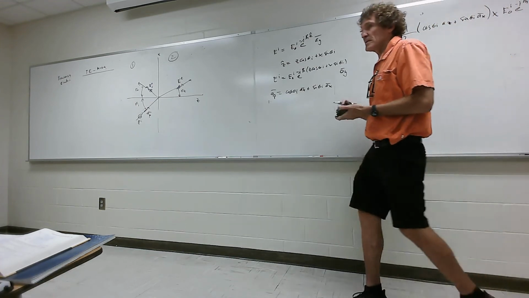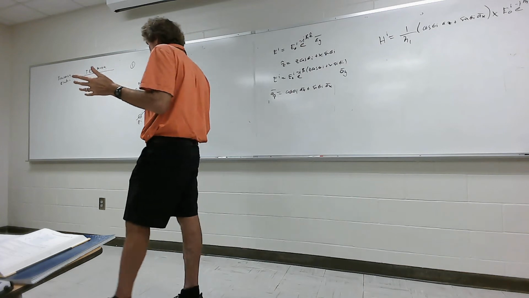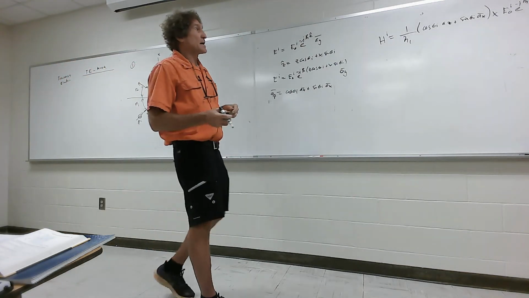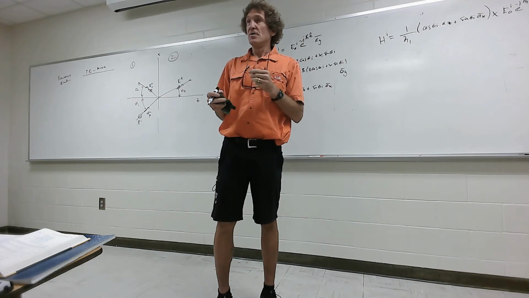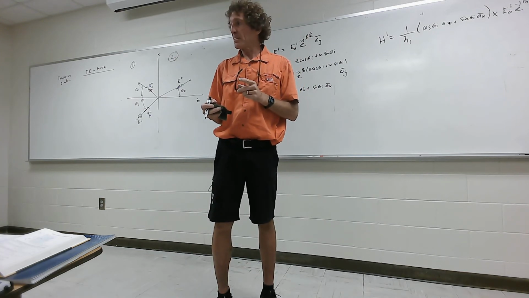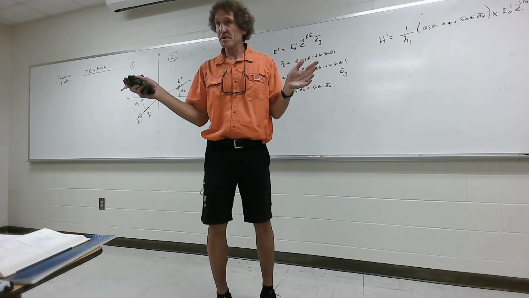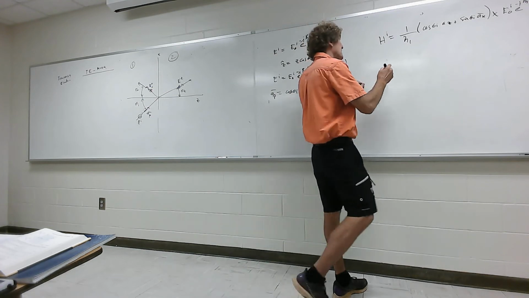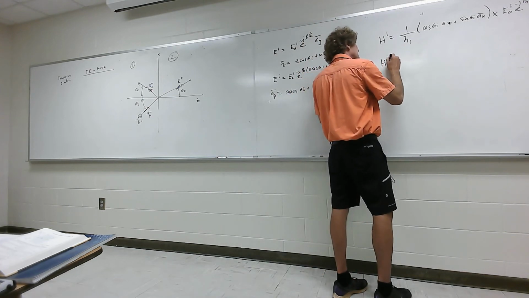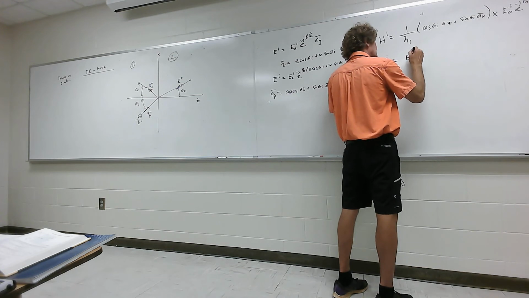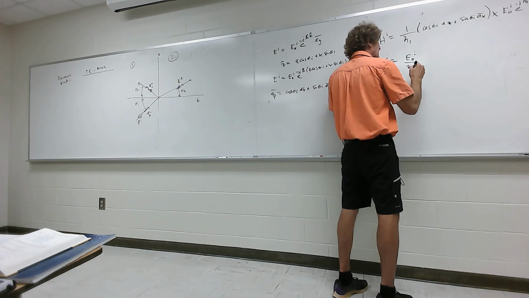Y'all follow me on this? I'm only taking the stated values and putting them into that 1 over eta, unit vector in the direction of propagation, crossed into the E field. This is just a standard way. It's simple to see what's going on if you think about it. Now I've got to do the cross products. I can see my H incident has a magnitude, as before, E naught incident over eta 1.